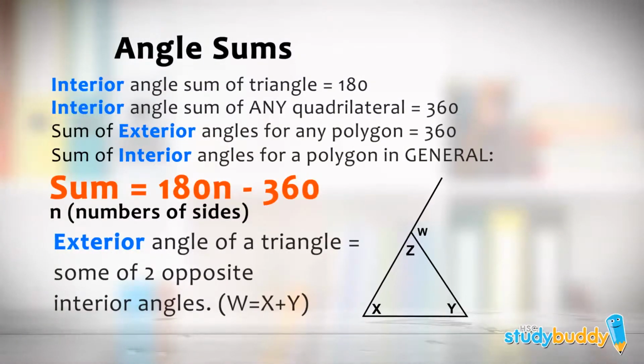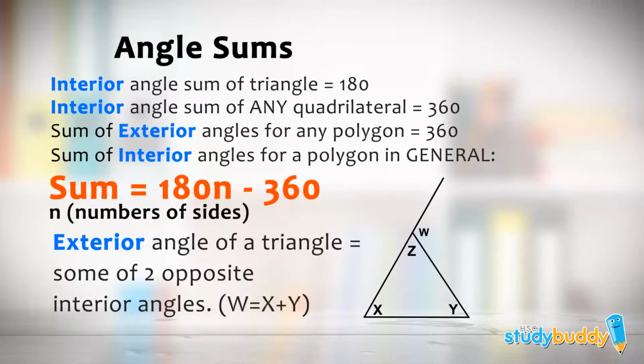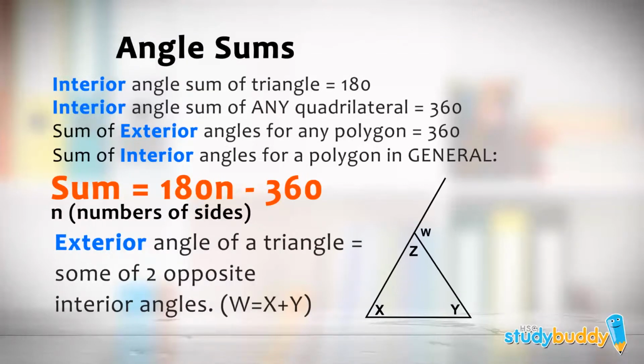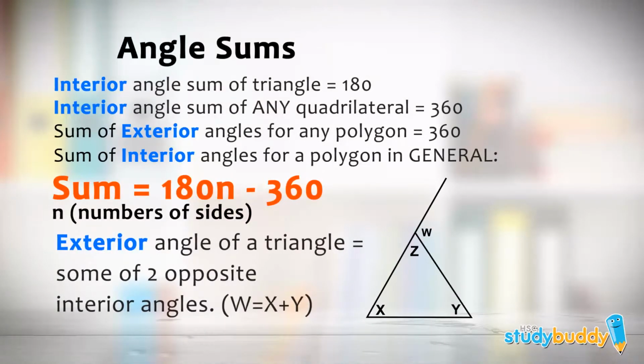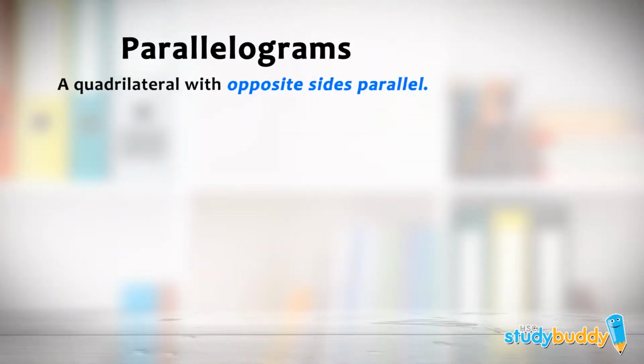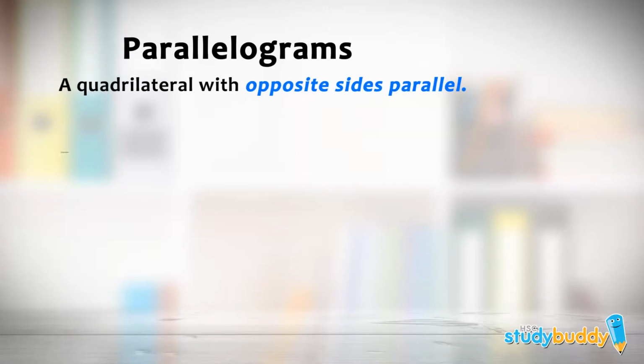Now we're going to look at a few shapes specifically and the proofs that can be used to identify these kinds of shapes. That does quite often come up in a question, and it's very important to be familiar with these. So the first of these shapes we're going to look at is the parallelogram. This is a quadrilateral that has opposite sides parallel.